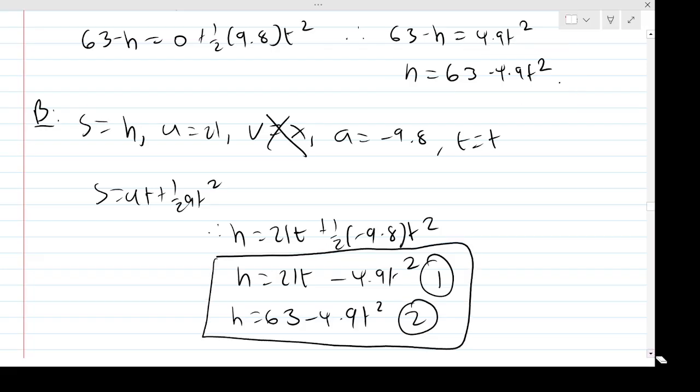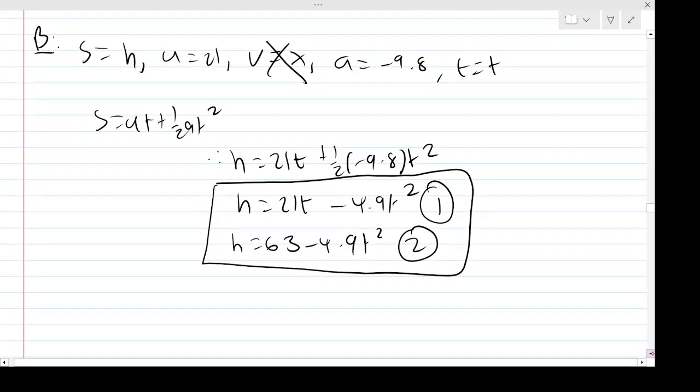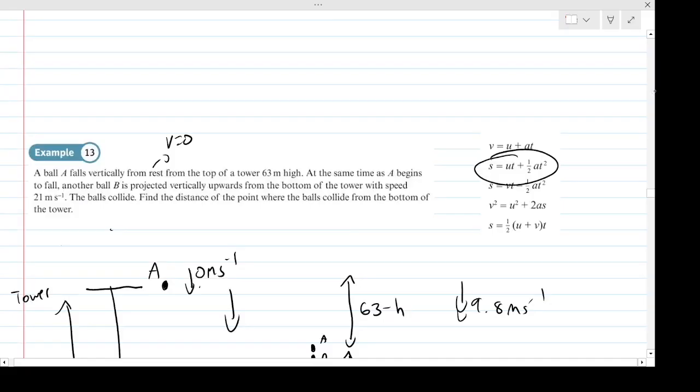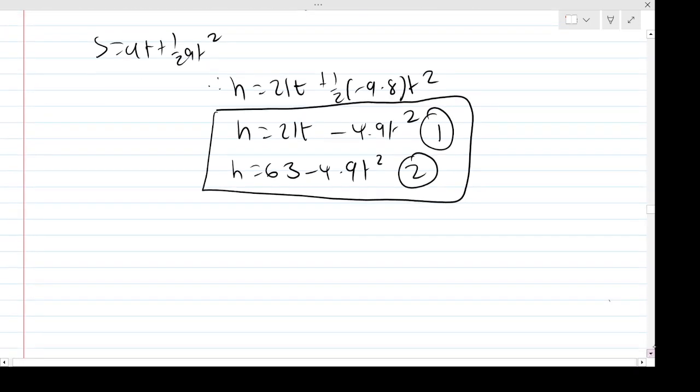So I need to solve these simultaneous equations now, for h and t. At the end of the day, we just want to find the height h, the distance from the ground to when they collide. But we're going to need to solve the simultaneous equations. How can we do that? Well, it's a quadratic simultaneous equation, so think about substituting.